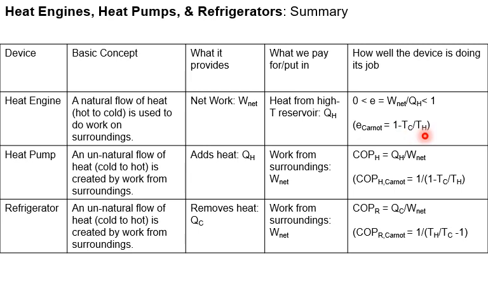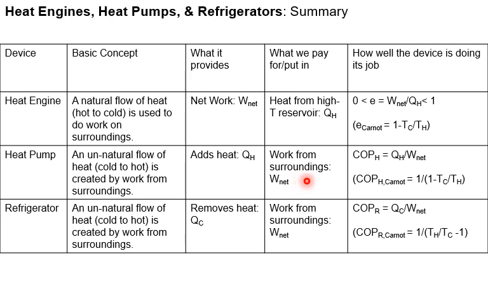So going on to a heat pump, what is this? This is an unnatural flow. You have flow of heat from cold to hot, and you create this unnatural flow by work from the surroundings. So what does this heat pump do for you? It adds heat to, for instance, your house. How do you pay for this? You pay for it with work.